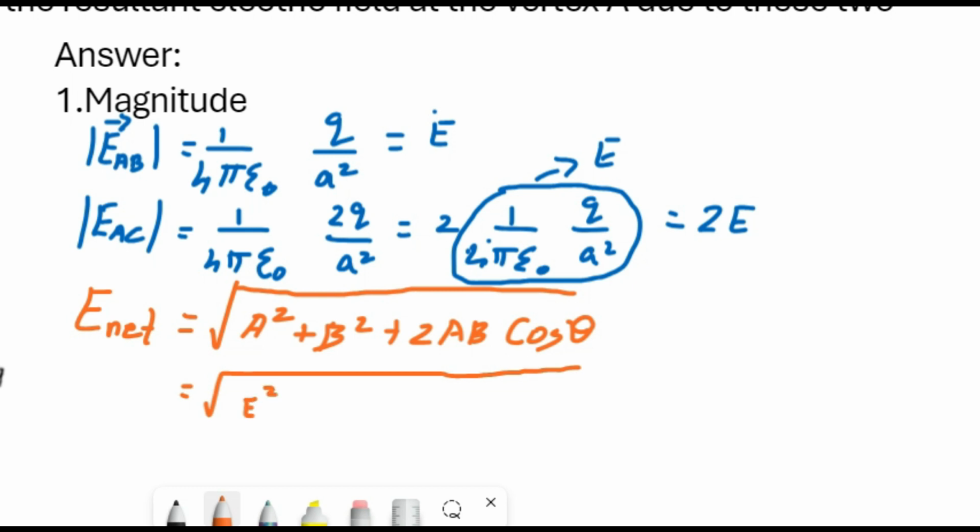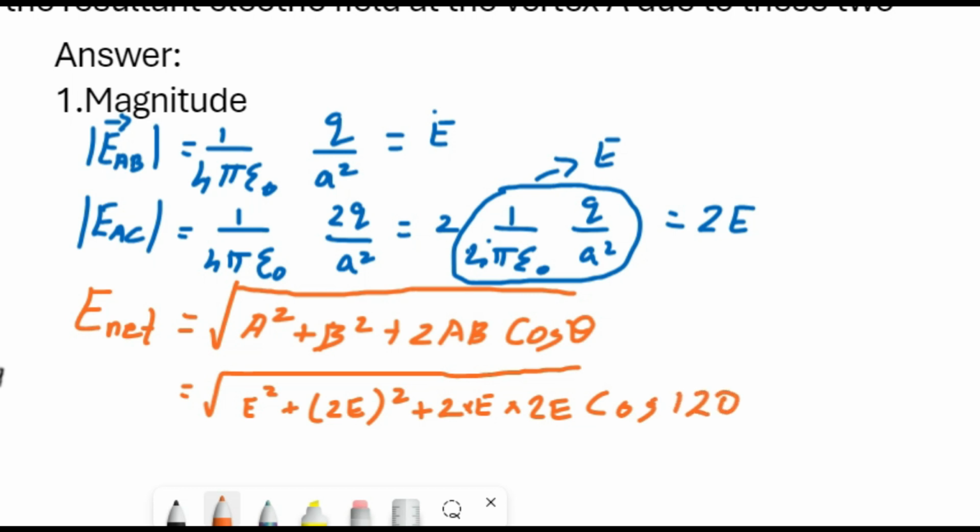So we can write E square plus 2E whole square, because b is 2E here, plus 2 into a, that is 2 into E into 2E, into cos of the angle between those two. The angle between EAB and EAC is 60 plus 60, that is, if you refer to the diagram, you will get that easily, cos 120.